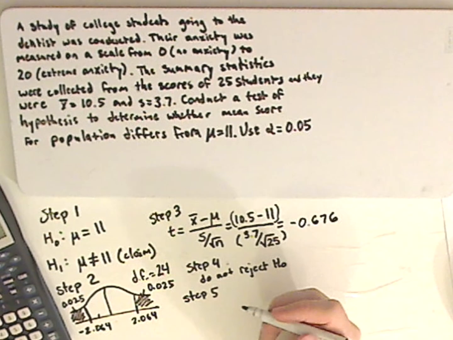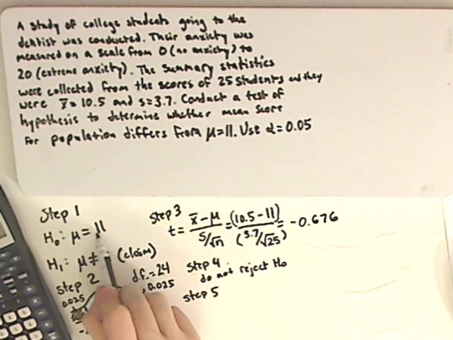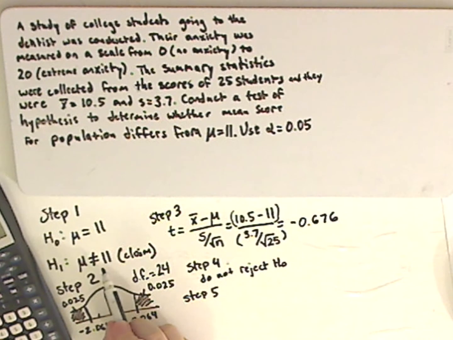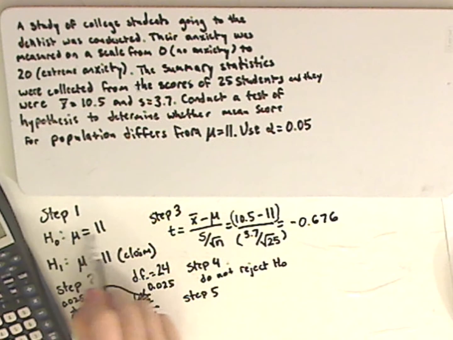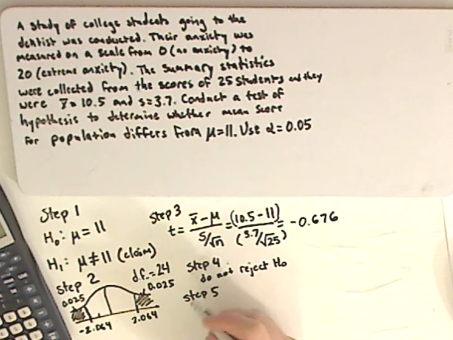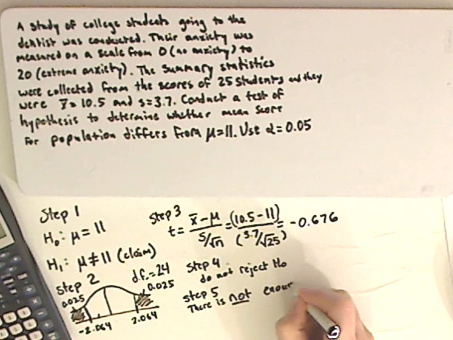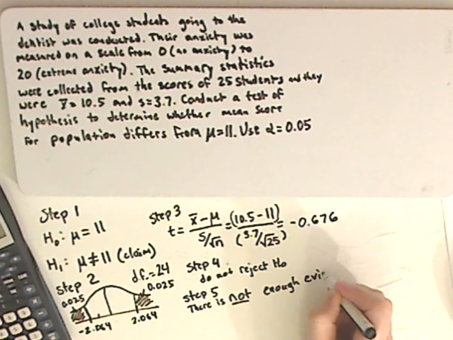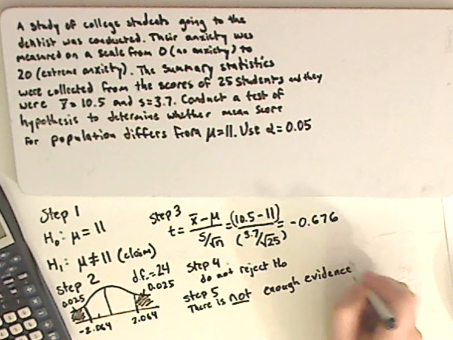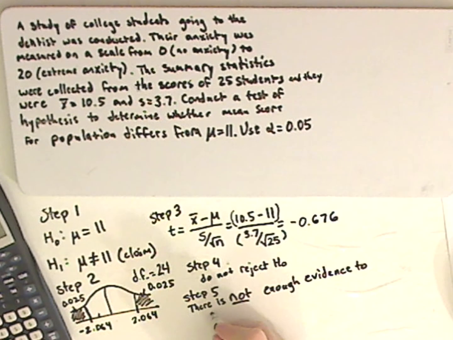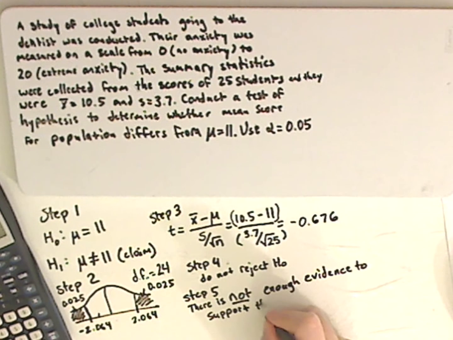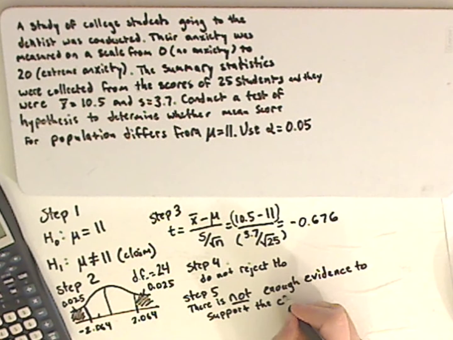Then step 5, write your conclusion. What's your conclusion here? Well, if you're not rejecting this, are you accepting this? The answer is no, because you're still holding on to this. So your conclusion would be this: there is not enough evidence to support the claim.